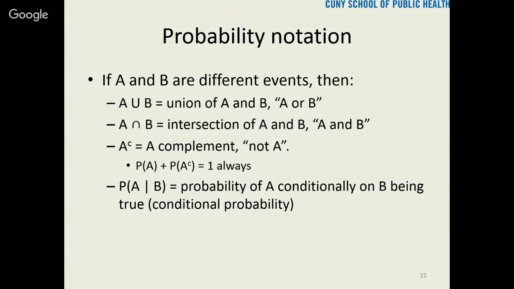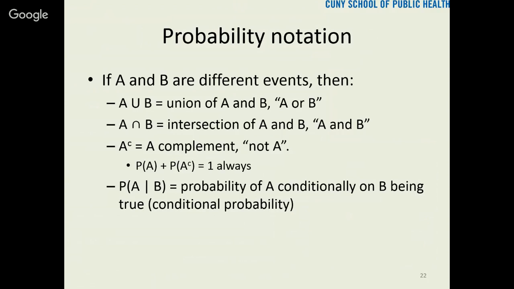And we can calculate those relationships, but you need to know a bit of probability notation. So remember, events, these are observable things with an observable outcome, such as having cancer. And if A and B are two different ones, the key notation I want you to know are the union, looks like a U, the intersection, the upside down U. The complement, which is not A, so if A is having cancer, then A complement is not having cancer.